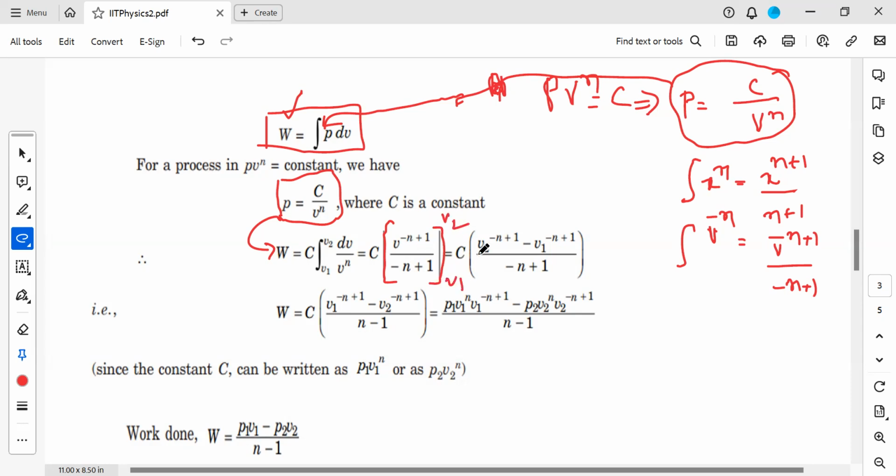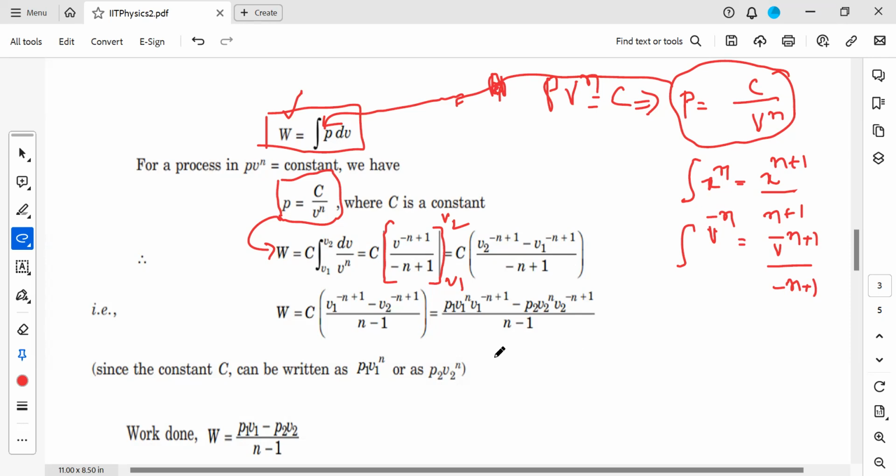Applying the limits, we get V2^(-n+1) minus V1^(-n+1) by (-n+1). So W is equal to C into (V1^(-n+1) minus V2^(-n+1)) by (n minus 1). By rearranging the terms, you can take the minus sign common, so you get it like this.